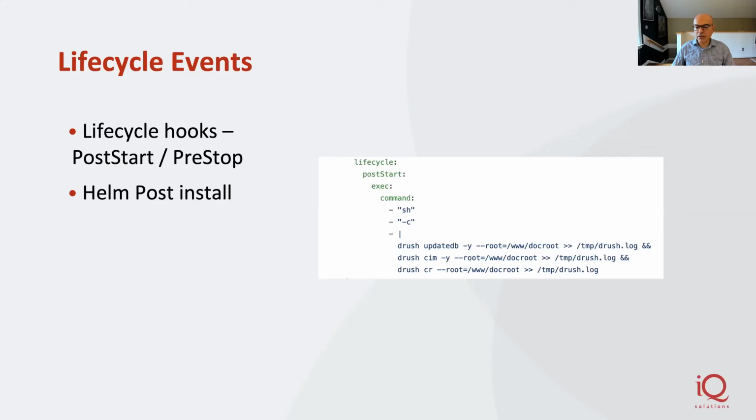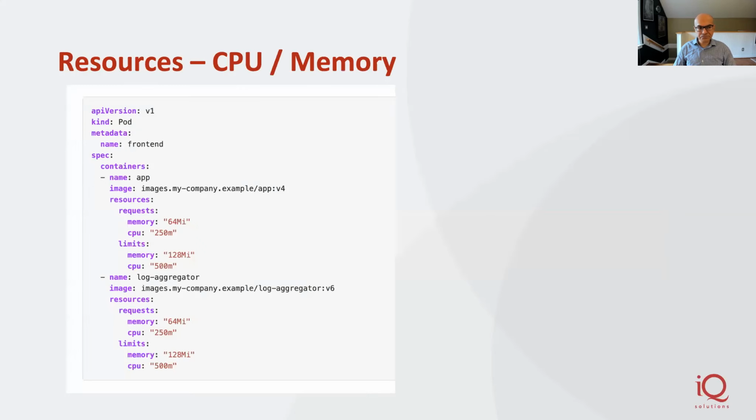Drupal manages state in the database, so if you're going to update the database, then rolling back is not easy. You want to take all the necessary precautions to bring your database back to the state it needs to be in if you're going to go back to your previous container.